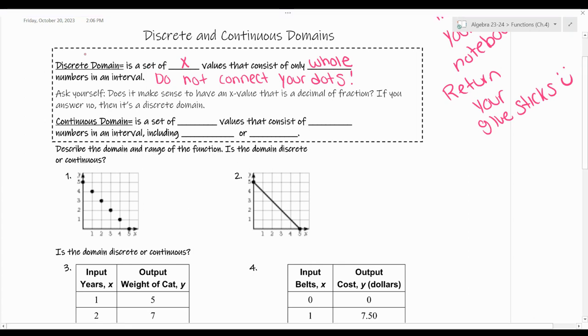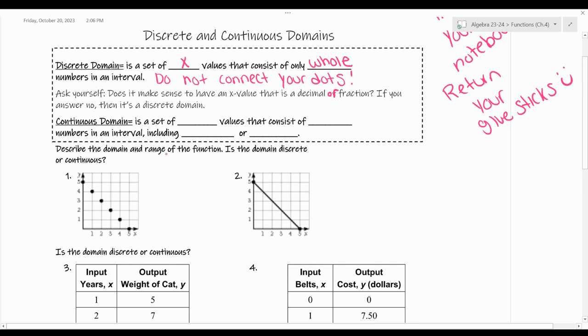When you're trying to figure out if you have a discrete domain, we're going to ask ourselves the question below. Does it make sense to have an X value that is a decimal, oopsies, that should say or, not of, or fraction?